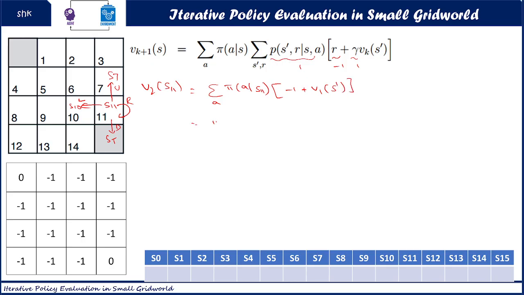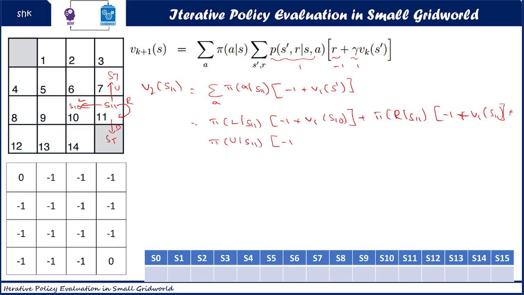Now we can expand this as the probability of left action from S11, minus 1 plus V1 of S10, since for S11 the left action is S10. The probability of right action from S11 state: for right, we fall to the same state, so this is V1 of S11.